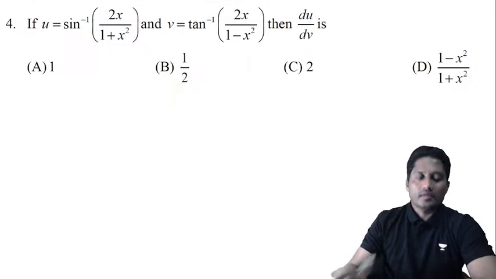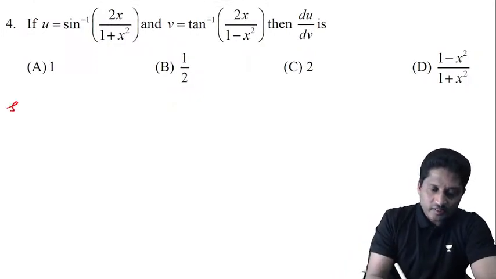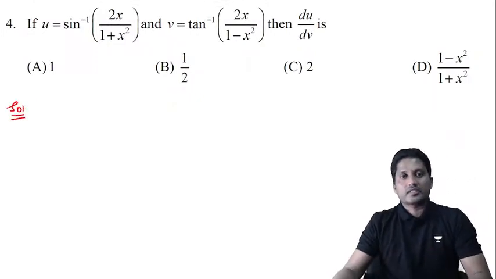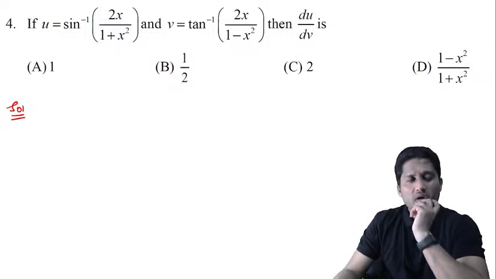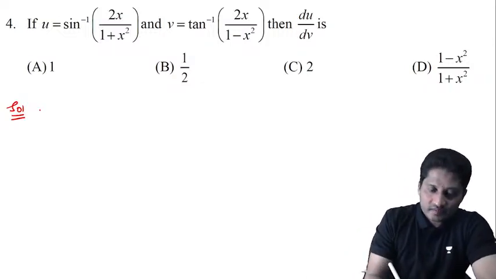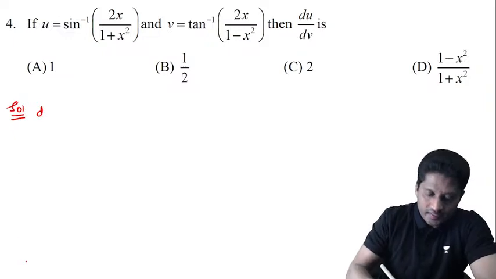Let's move to the next question. Question number 4. This is NCERT exemplar question only, which I did in the most expected questions. du by dx, I can write directly, right?